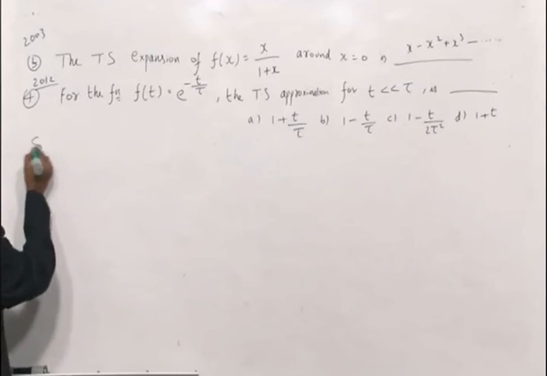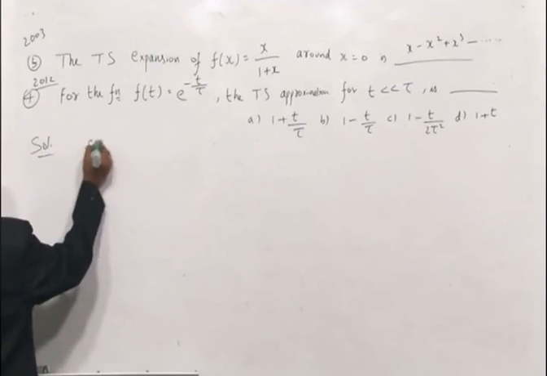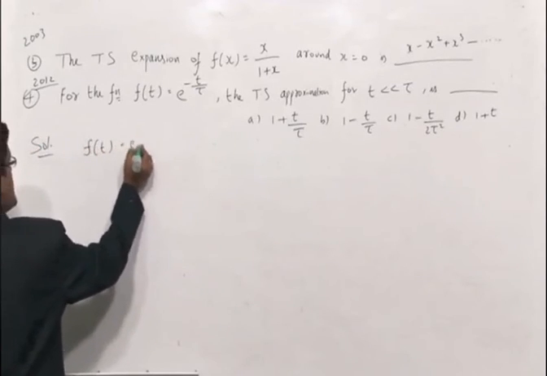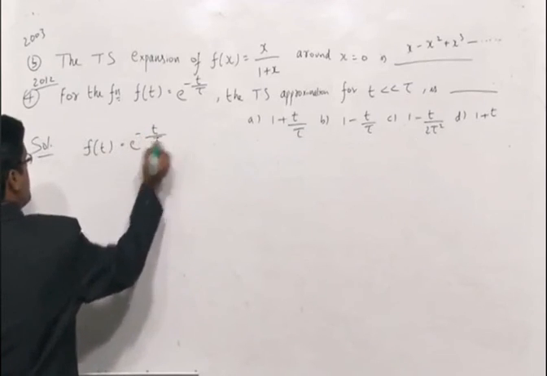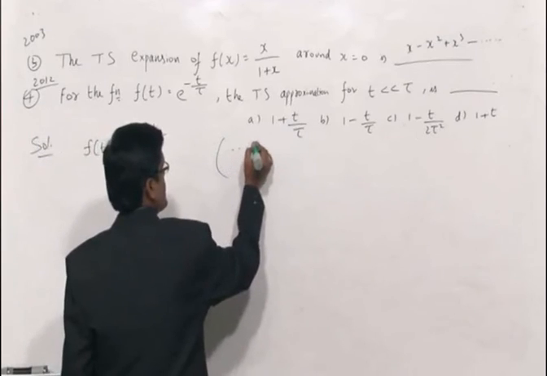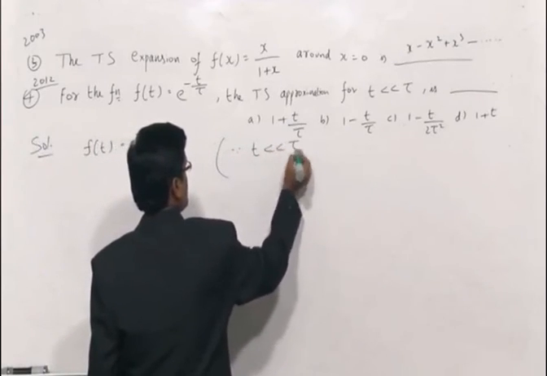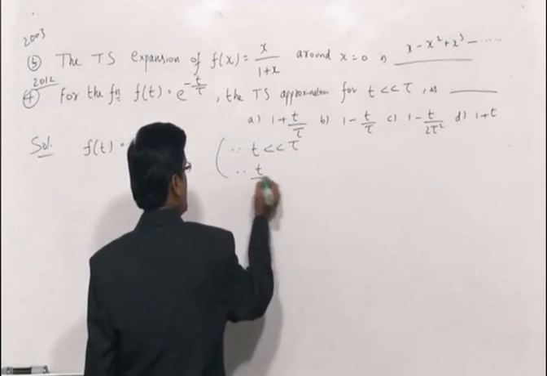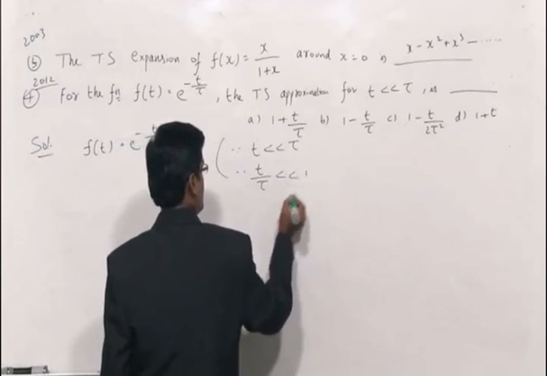Solution. Here instead of the x variable, the t variable is given: e power minus t by tau. Now, since t is much lesser than tau, therefore t by tau is much lesser than 1.